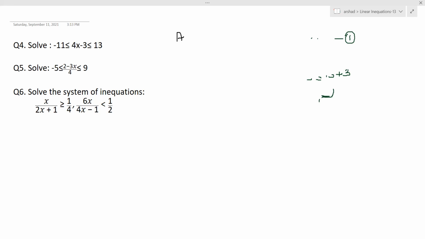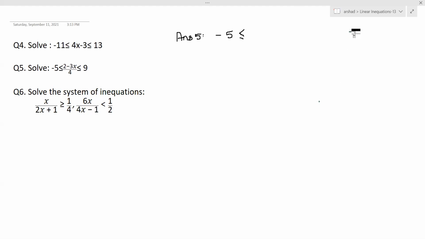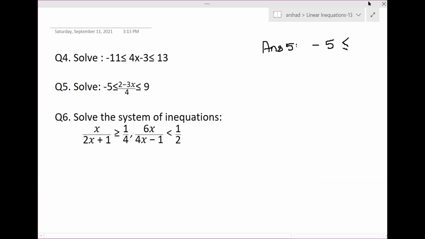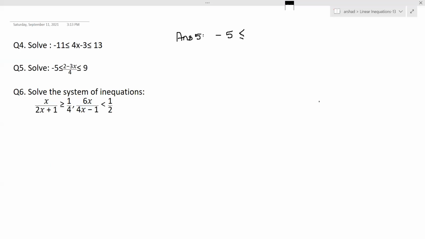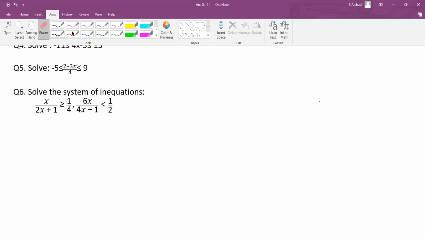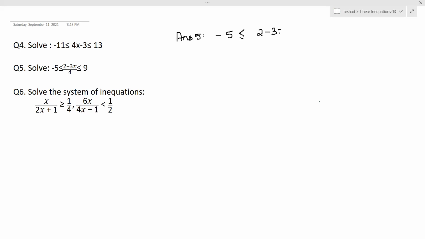Okay, next is question 5. This is -5 ≤ (2 - 3x)/4 ≤ 9.